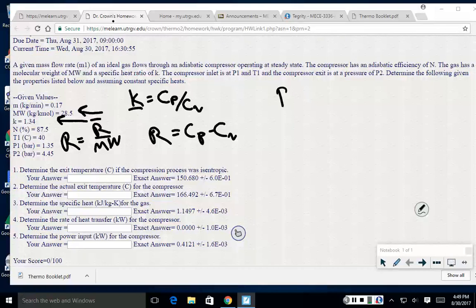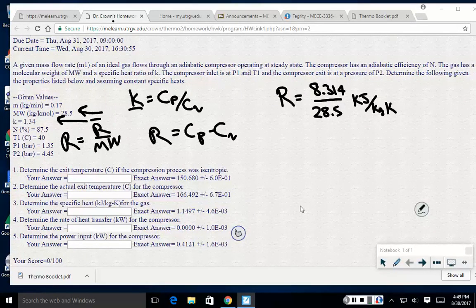So R for this gas would be 8.314 divided by 28.5, and that would have units of kilojoule per kilogram Kelvin. Then k is equal to 1.34, and R is equal to 8.314 divided by 28.5. And I've got two equations and two unknowns. The easiest way to solve that would be to solve the first one for Cv.